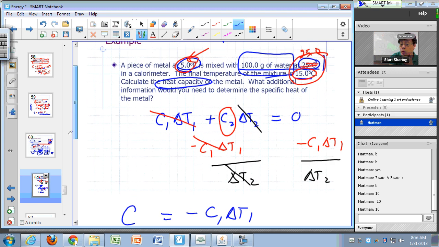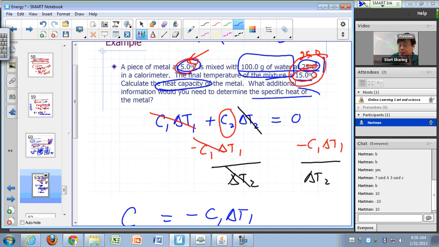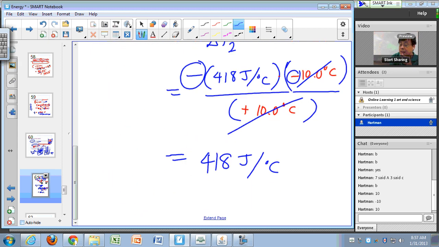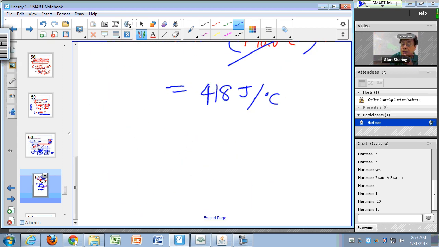Now, how would we know what the specific heat of the metal is? What additional information would you need? The specific heat of the metal is the heat capacity per gram. So specific heat would be heat capacity divided by the mass.